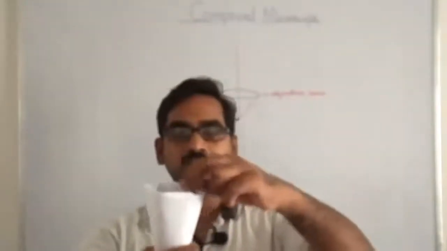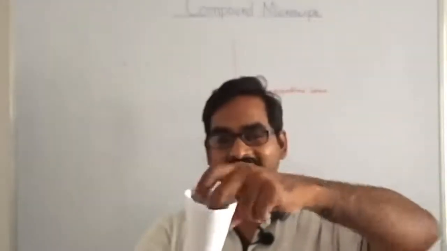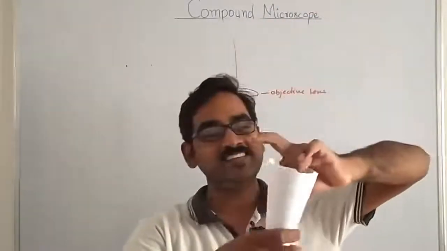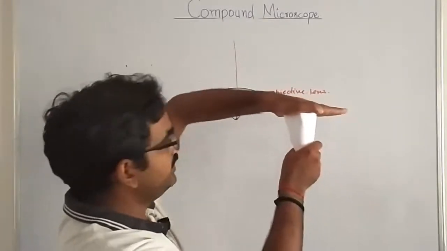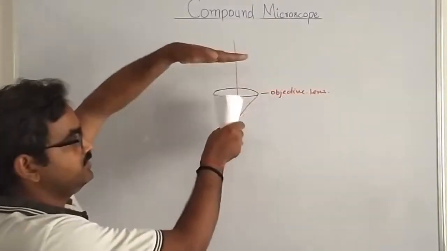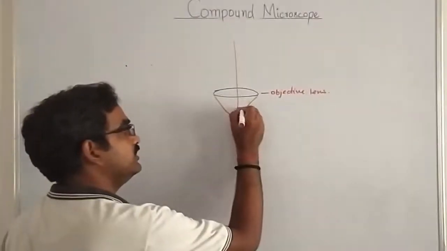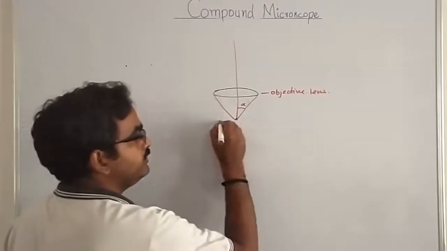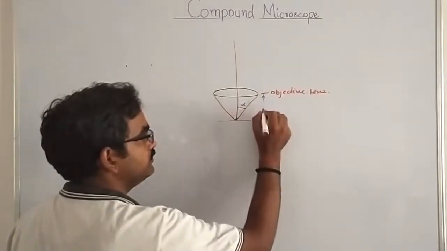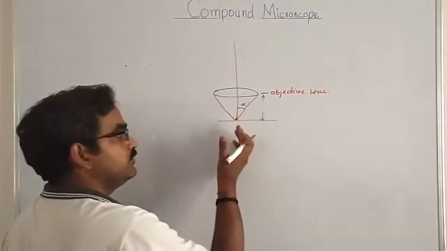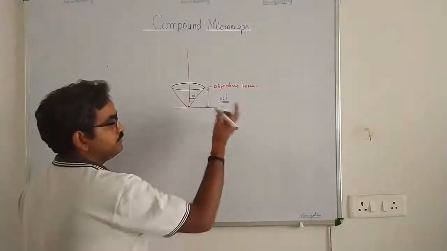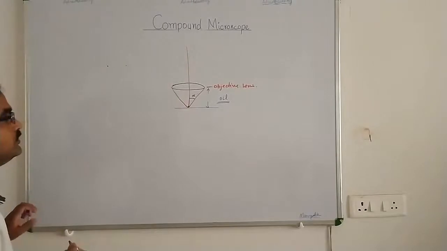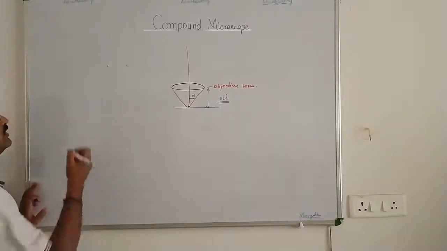This is the cone of light that is entering the objective lens like this, and half of this angle is alpha, and the medium in between, suppose this is air, but sometimes there is oil instead of air.